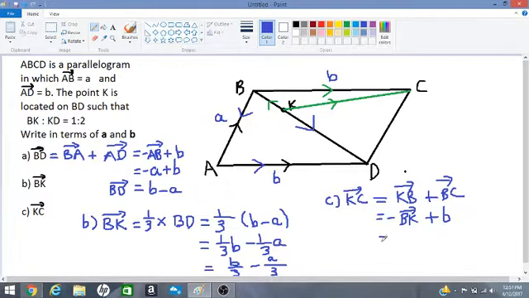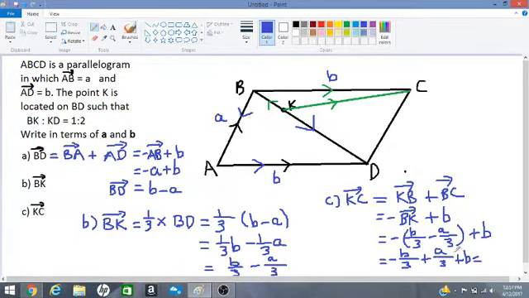So negative BK will be negative b over 3 minus a over 3, plus b. So we expand the brackets, and negative by a positive is a negative, and a negative by a negative is a positive. So we get plus a over 3 plus b.